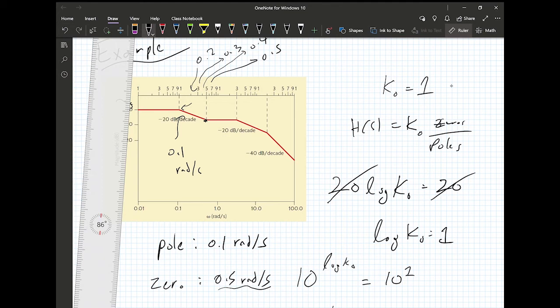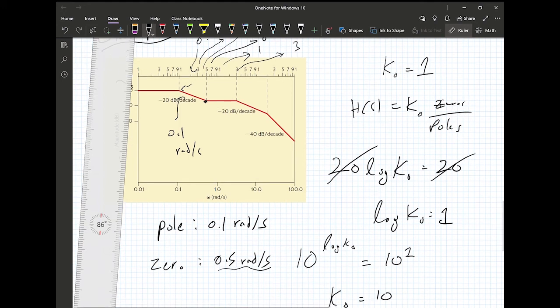Okay, we continue. Nothing is happening up to this point here, which is 1 rad per second, and this point here is 3 rads per second. At 3 rads per second, we continue going minus 20 dB per decade. So at 3 rads per second, there has to be another pole.